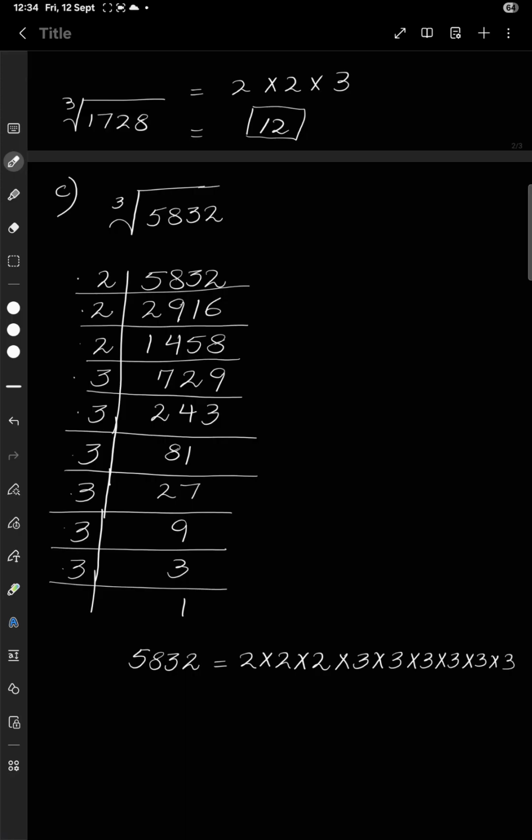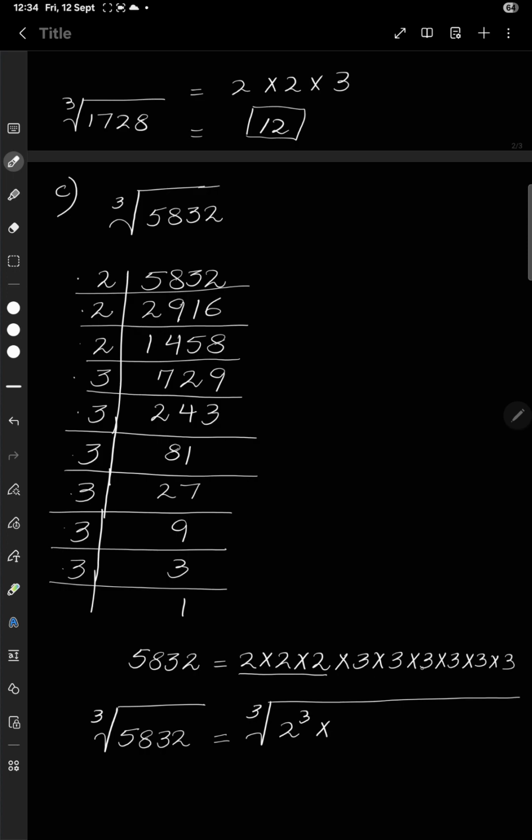Let's find out the cube root of this number, 5832. I'm taking the cube root of this number, so I have to take the cube root on this side as well. Inside a cube root, I will write the answer in cubes. So these 3 2's will make a 2 cube.